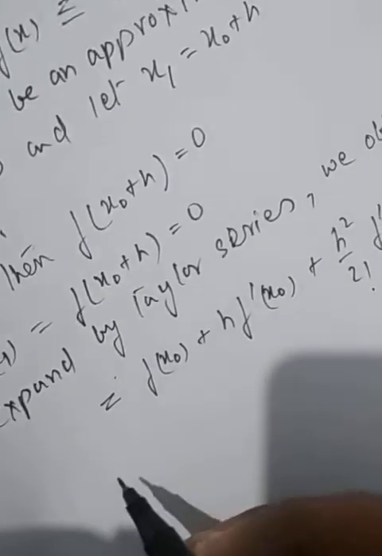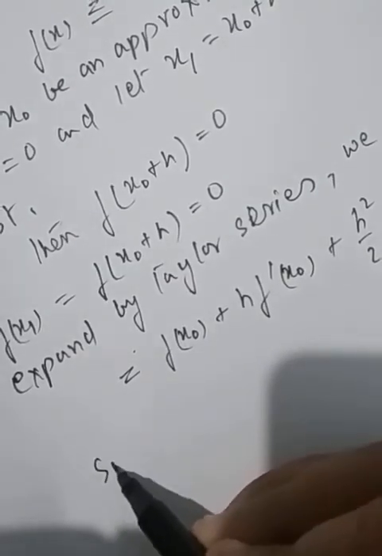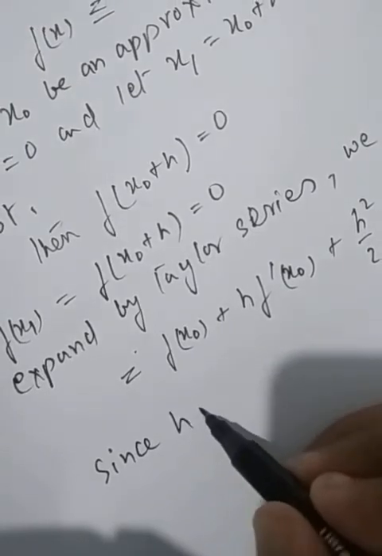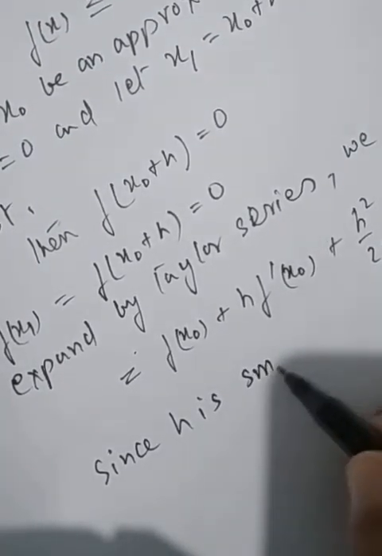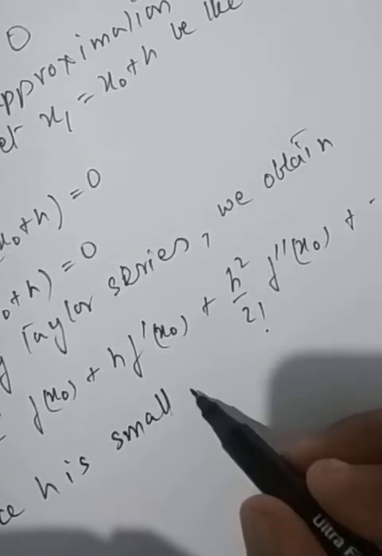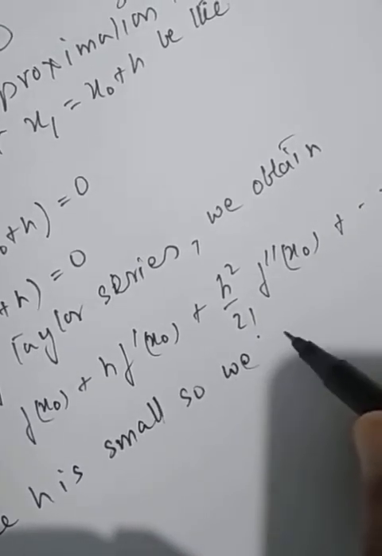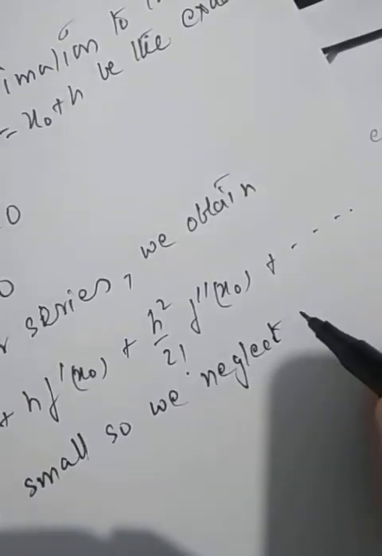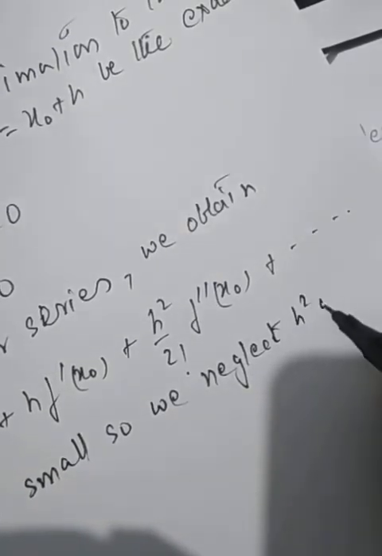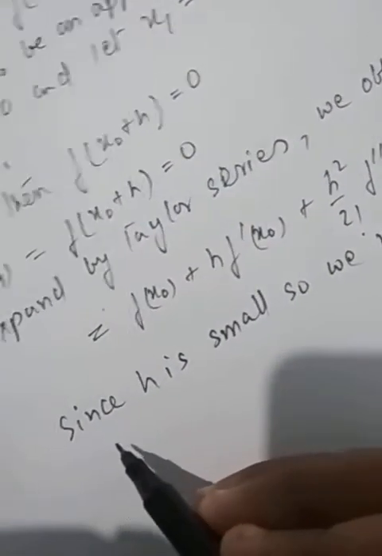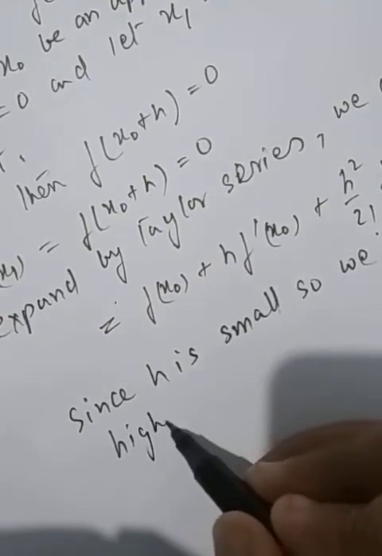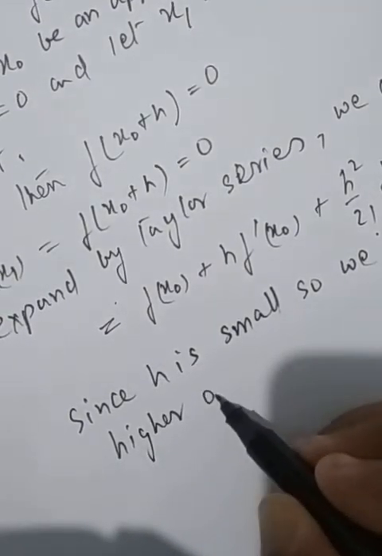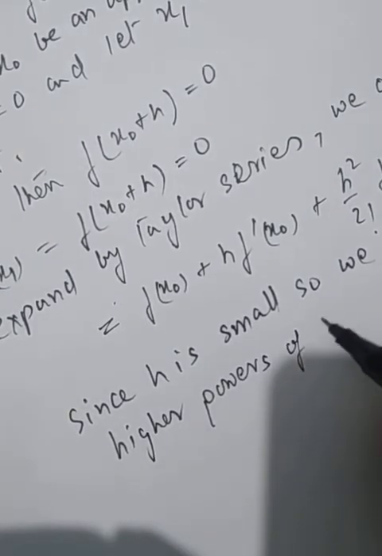Now, since h is small, we neglect h square and higher powers of h.